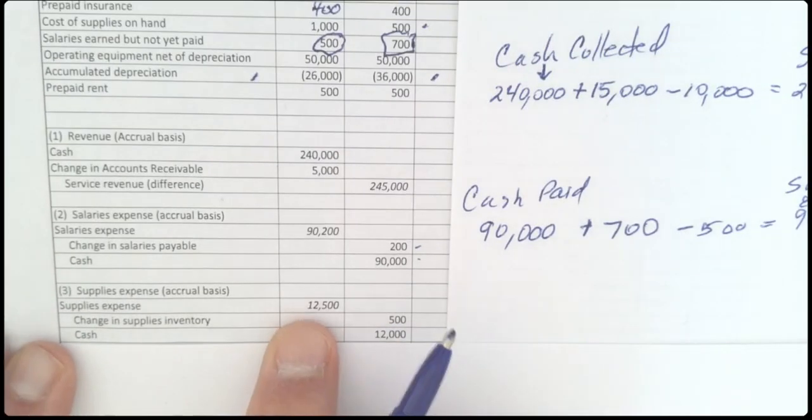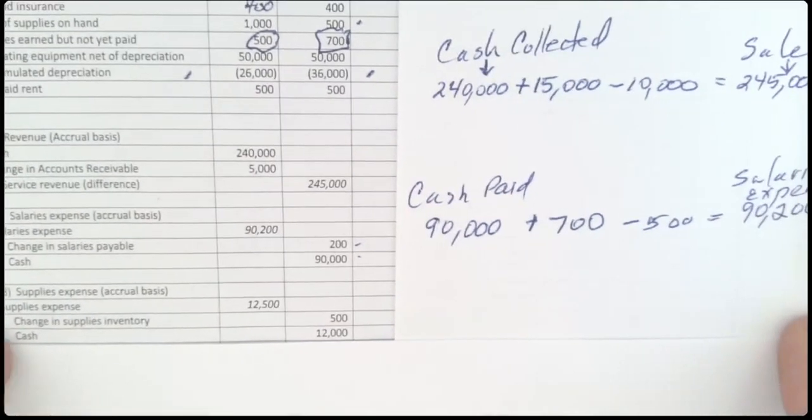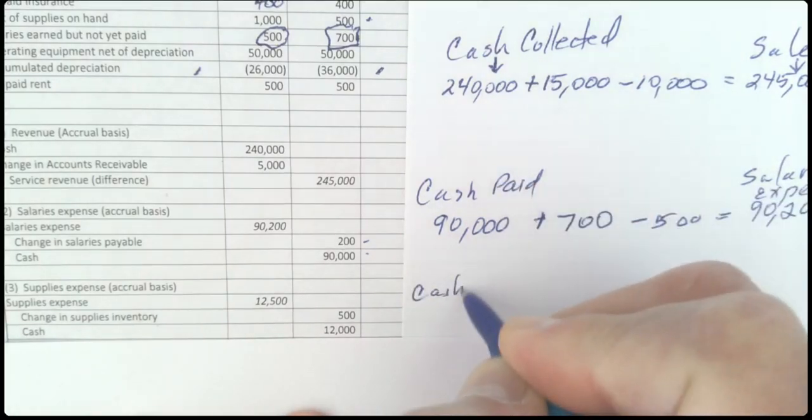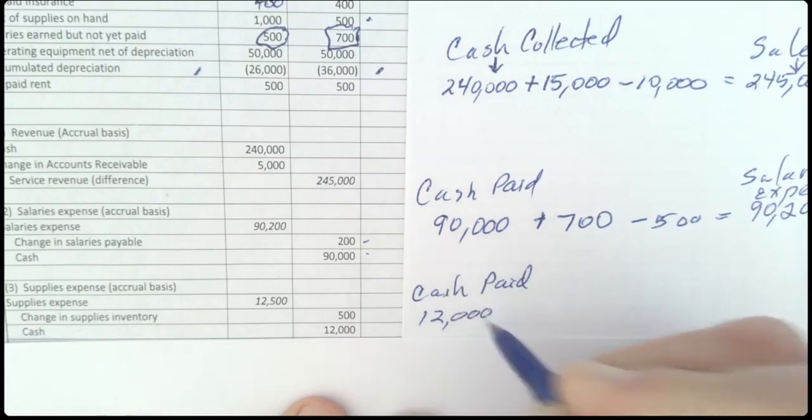And so supplies expense is $12,500. Again, put differently, cash paid for the supplies was $12,000.